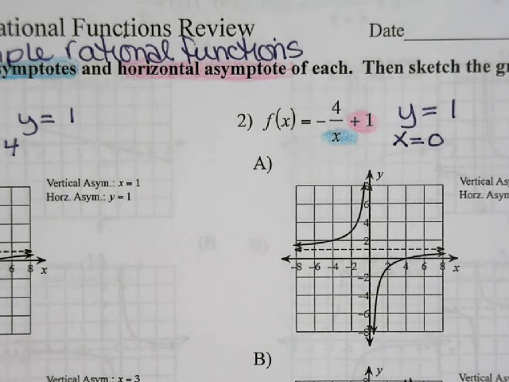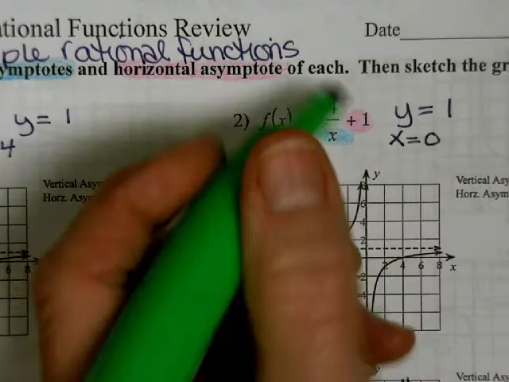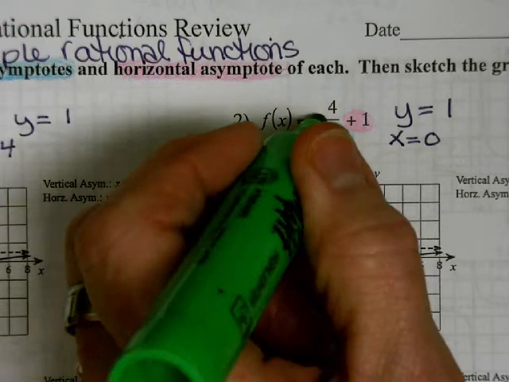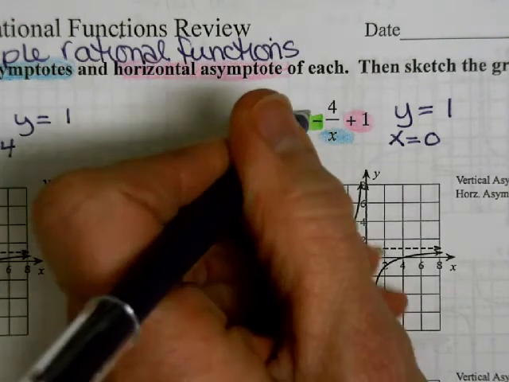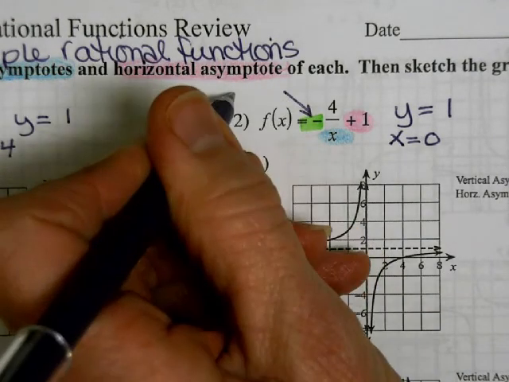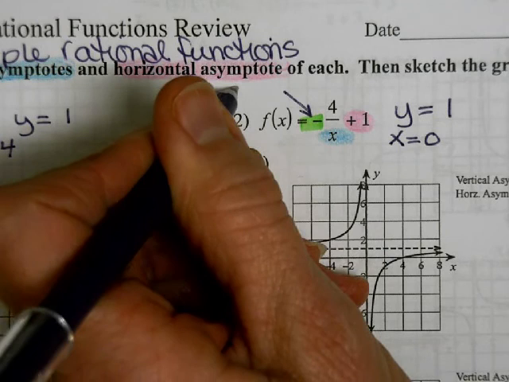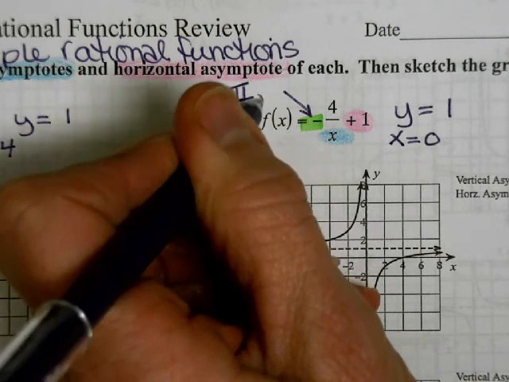Now here's the, I'm going to make this guy green. This guy right here. Remember, he flips the function. So that means the curves are going to reside in regions 2 and 4.